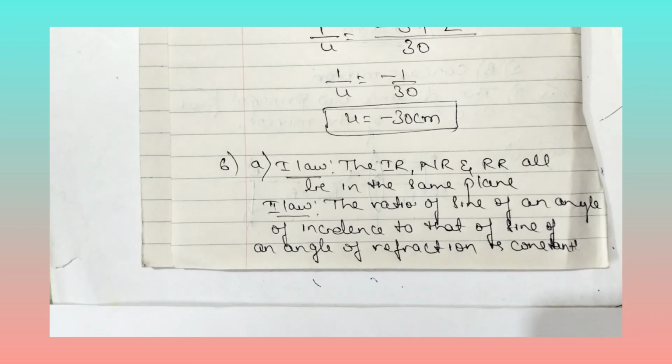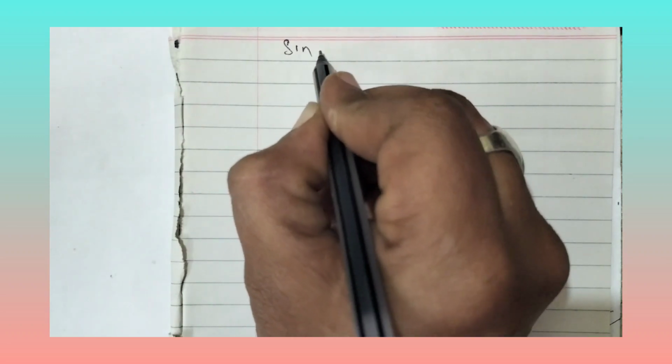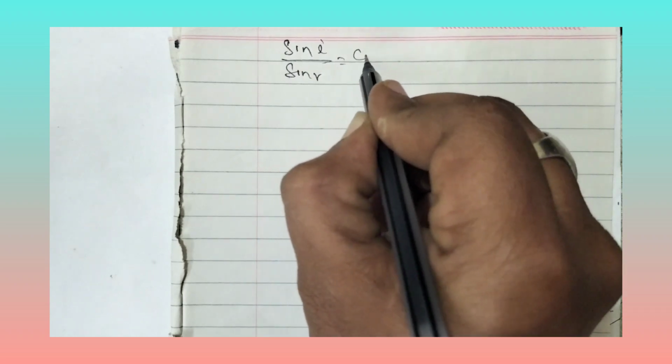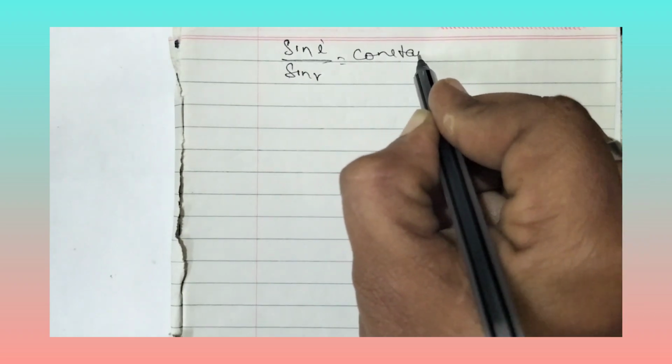So according to second law, sin I divided by sin R is equal to constant, and that constant is refractive index.